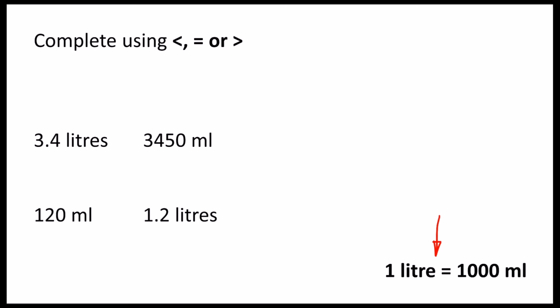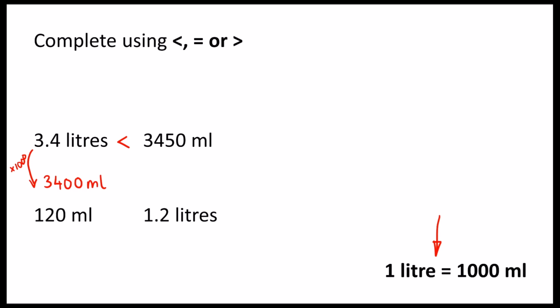Looking at my first example, I can therefore say that 3.4 litres, by timesing it by 1,000, gives me 3,400 millilitres. I know that 3,400 is less than 3,450, so I can say 3.4 litres is less than 3,450 millilitres.